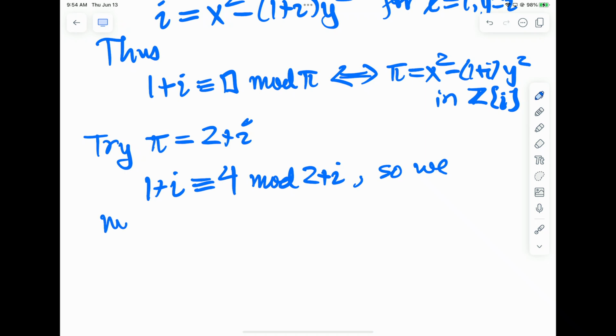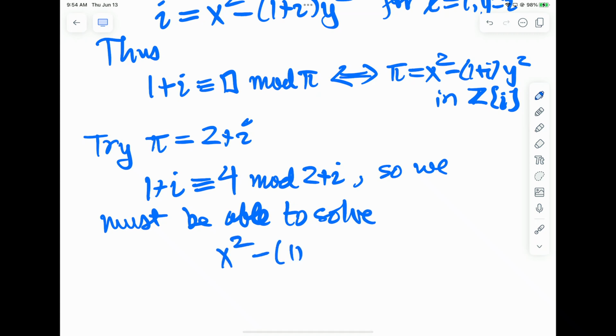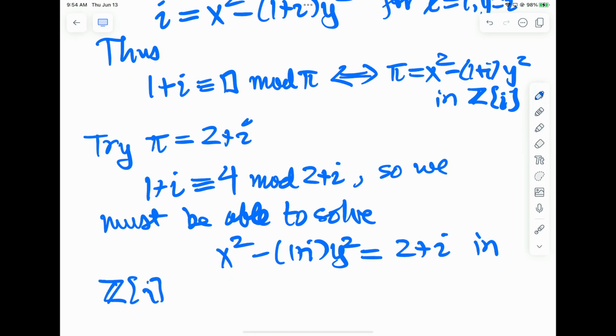So we must be able to solve the equation x squared minus (1 plus i) y squared equals 2 plus i in Z[i]. And indeed, there is a solution. I just had to hunt around by hand trying things out. For example, you take x to be 3 and y to be 2 minus i, it actually works.